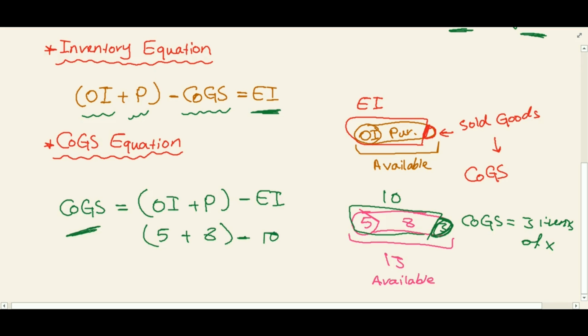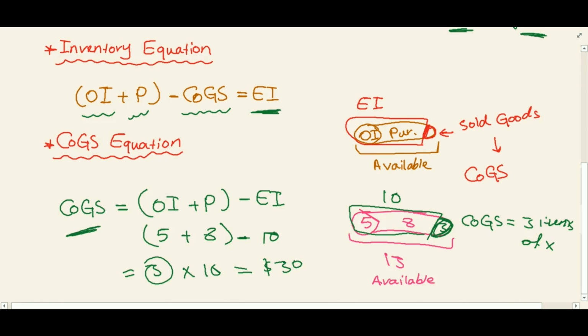So 5 plus 8 is 13, minus 10, that will give us 3. So 3 items is our cost of goods sold. Of course, you have to multiply it by the unit cost per item. Let's say it's $10, so times 10, that will give you cost of goods sold of $30.